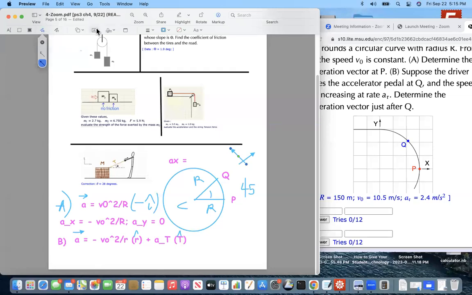So if I want to know a x, it'll be minus v0 squared divided by r times the x component of r hat, which is 1 over the square root of 2.